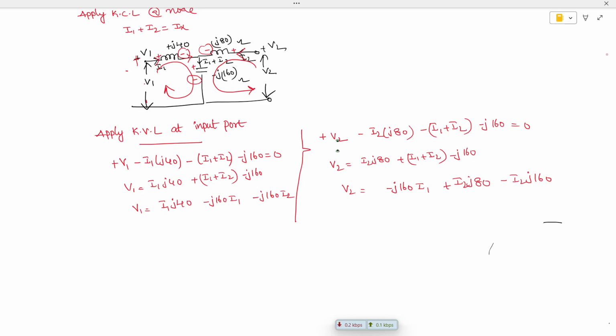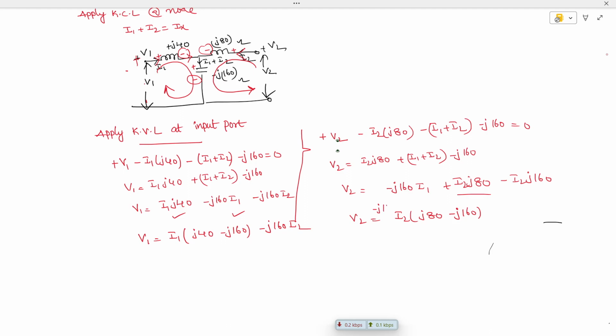So here we're going to take I1 as common. So I1 is common, which is J40 minus J160, minus J160 I2. V2 is equal to minus J160 I1 plus I2 common, J80 minus J160.